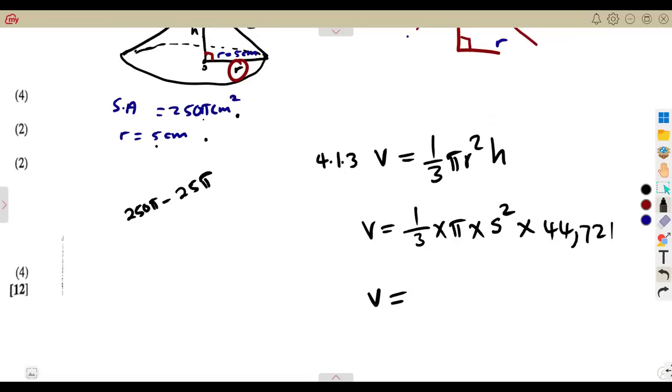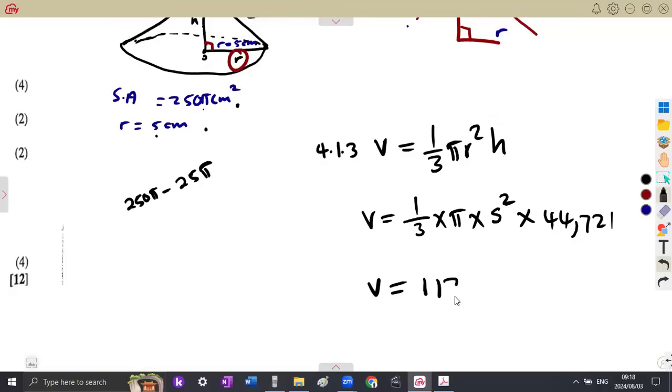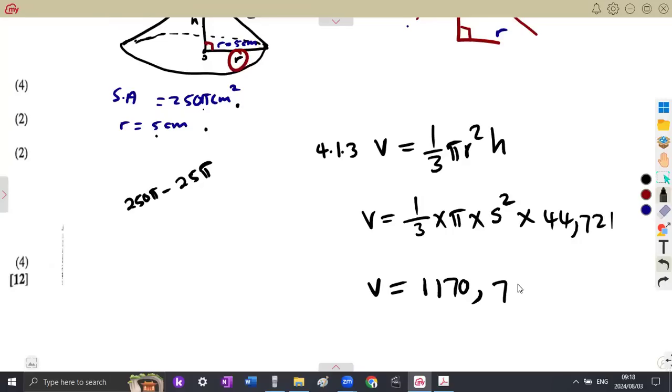With our calculator fixed, it's just going to give us our answer to 3 decimal places, in this case, a third times pi times 5 squared times 44.721, like this. So that was going to be as a decimal 1,170.793. So the 793, this is volume measured in cubic units.